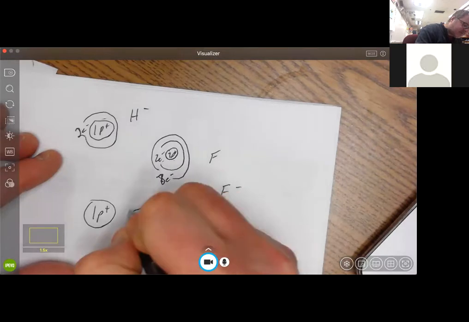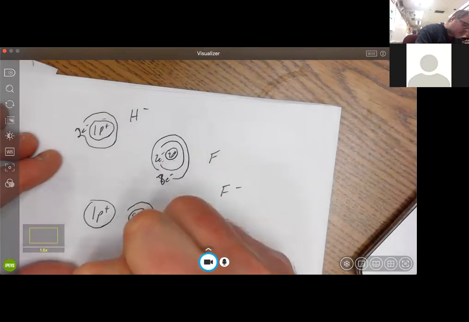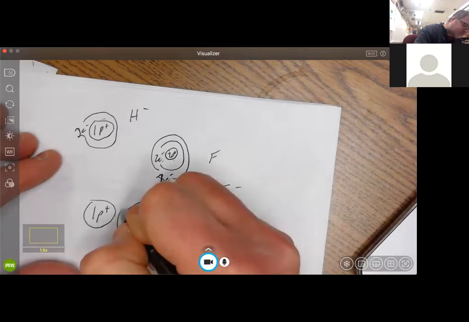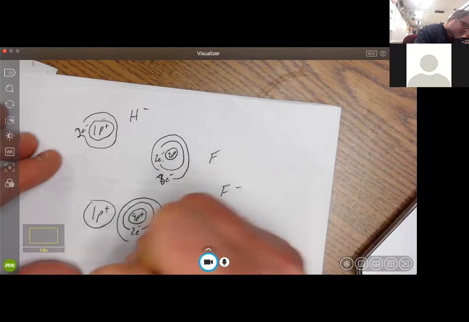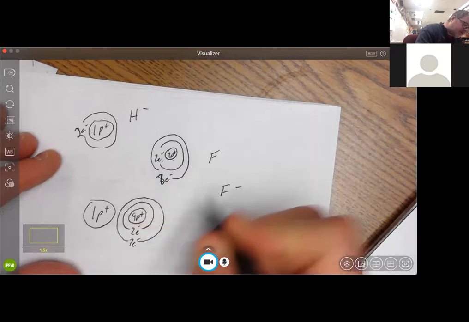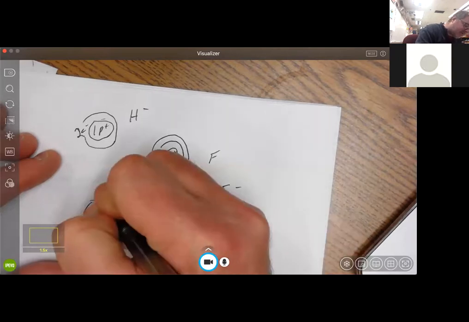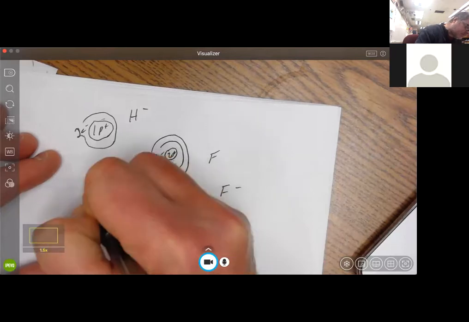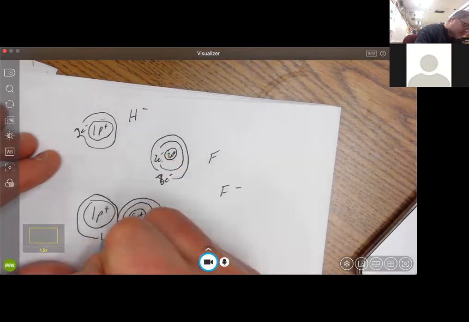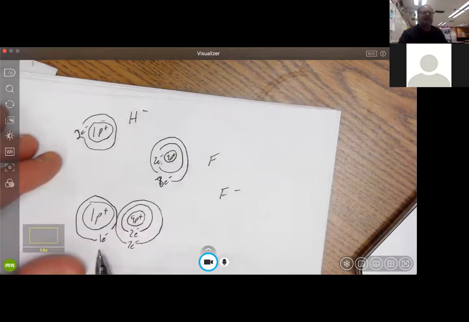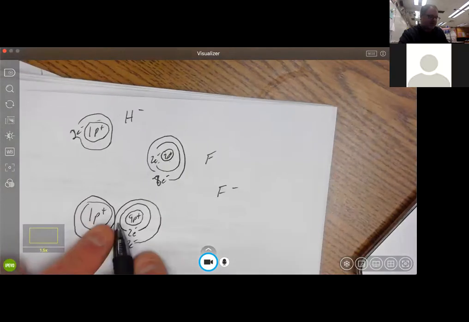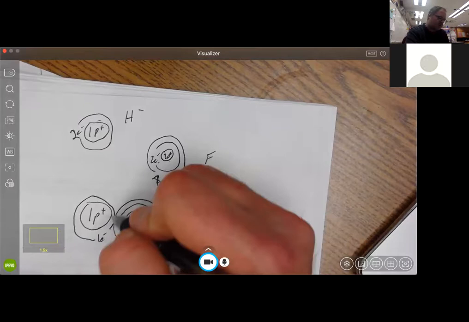Here we have its first ring, which will hold 2, and its next ring, which will hold 7. Now, if the hydrogen and the fluorine are sharing this last ring, then this hydrogen would have that 1 electron there. So they're sharing electrons, and basically they would be sharing 2 electrons, which would be that 1 bond.